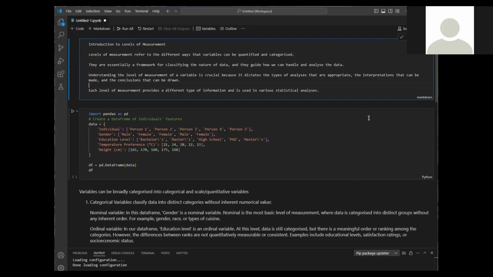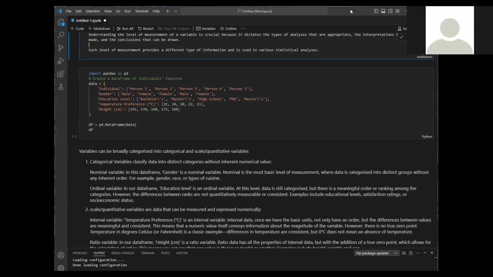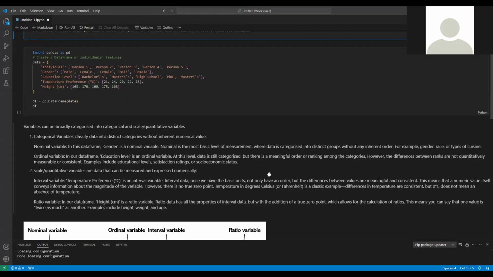Broadly, we have two big types of data. One is categorical data, categorical variables, and the other kind is called scale variables, scale data.